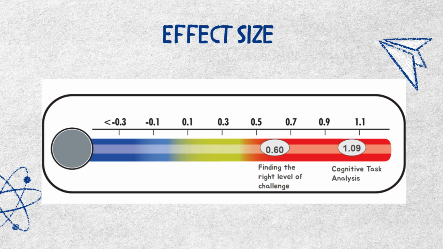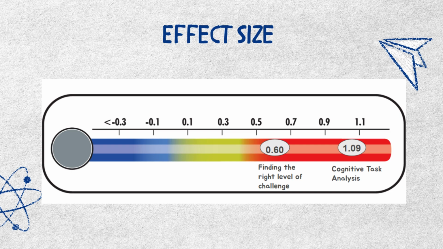Now, for cognitive task analysis, the effect size is a staggering 1.09. That is truly remarkable. It's not just impactful, it's transformative. An effect size of 1.09 suggests a massive acceleration in learning, far exceeding a single year's growth for a year's worth of input.